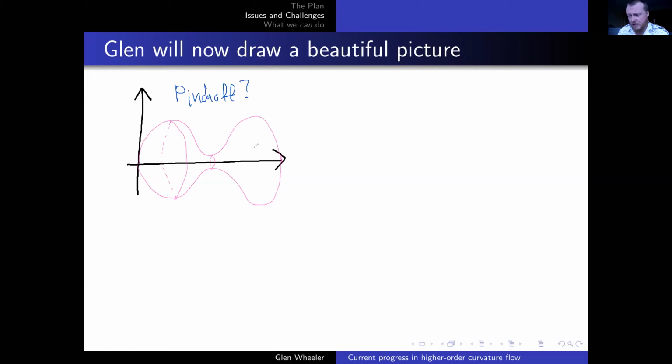Well, how can we prove pinch off? Imagine this is a curve. Now this idea is something that I saw in Giga and Ito's paper, so I think it's a fairly general idea. Imagine this is a curve.